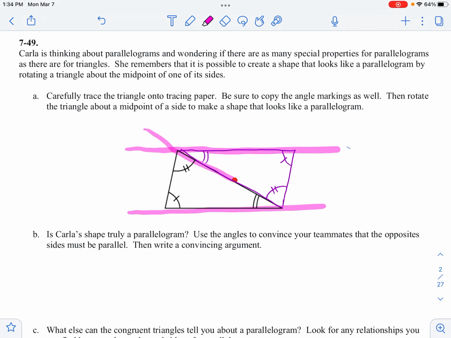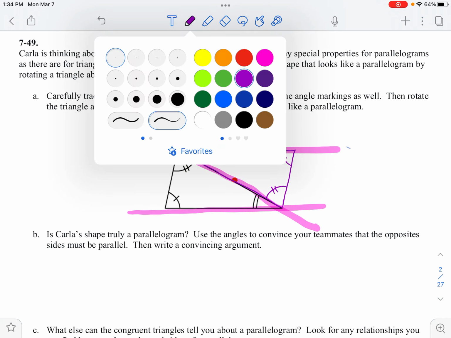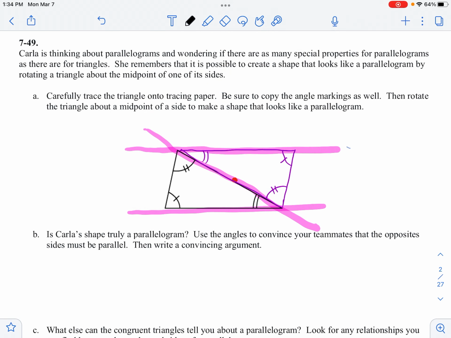and first let's work on proving that these pink lines are parallel. So if we use this line as the transversal, we can say that, oh, you know what, I'm going to give each of these letters so that it's easier to talk about. So we can say the measure of angle A and C, see how they have the same tick marks?